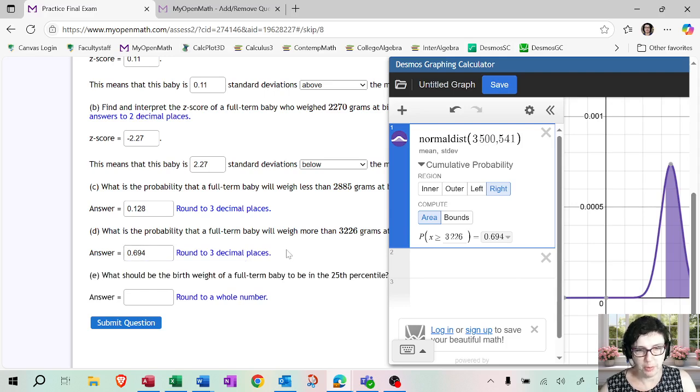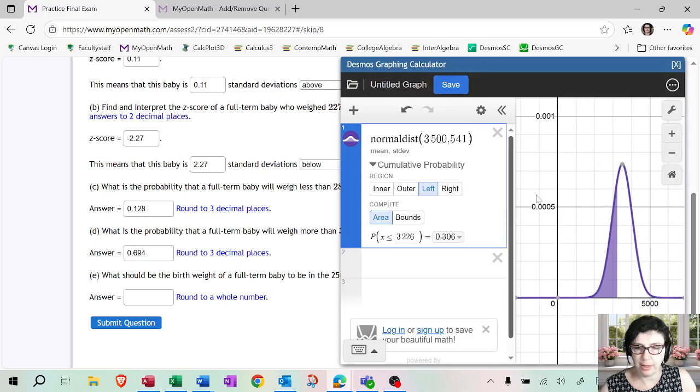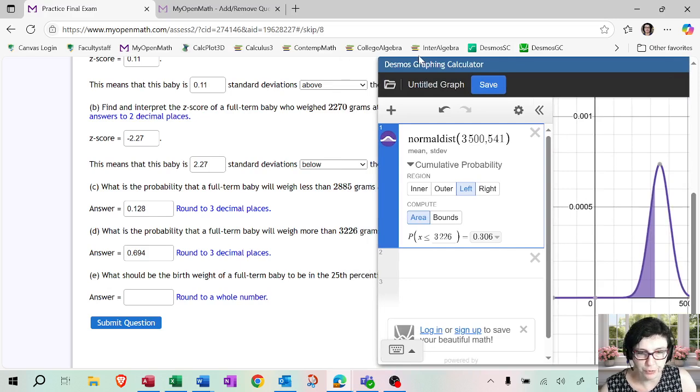Okay, so those are the probabilities, but now we want to discuss the percentiles. To find the percentile, first of all, remember that all percentiles are associated with the left region. So region would be left, but the percentile is the bound so that the area to the left of it is equal to the given percent. So you need to find the bounds now.